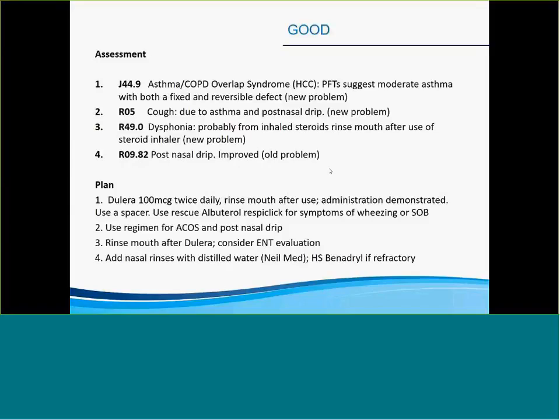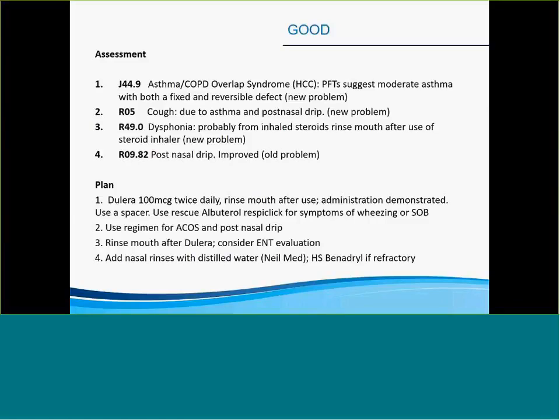So here's an example, pretty good to do it, and you see the problems on the top and the plan on the bottom. This is actually how I was taught. So number one, asthma COPD overlap syndrome. By the way, asthma in the Medicare population does not count as an HCC code. In the commercial population, it does.